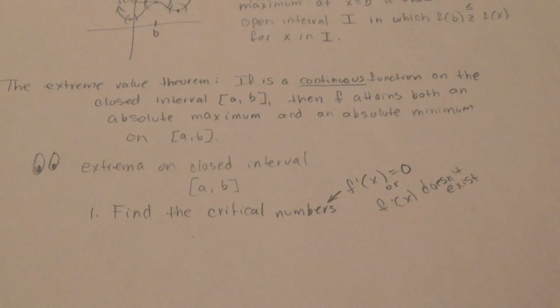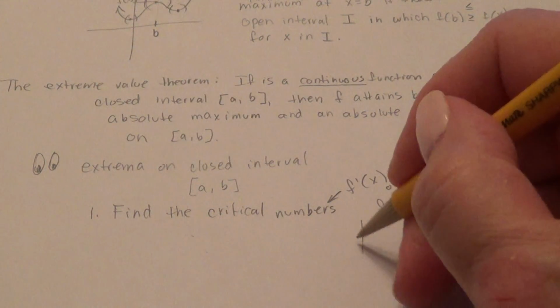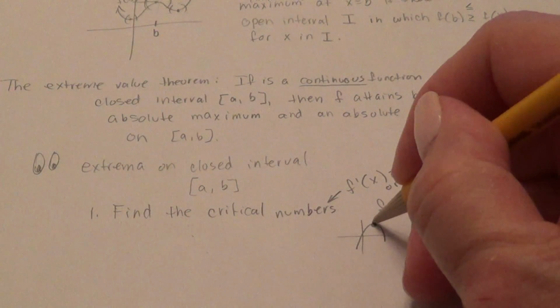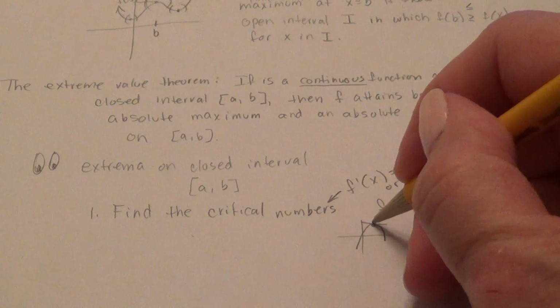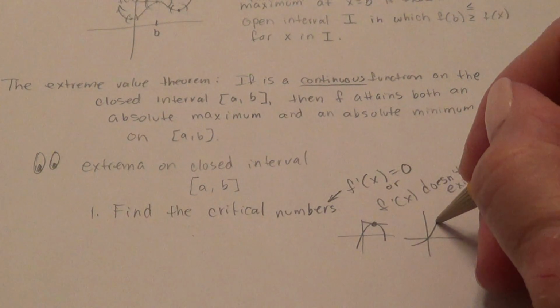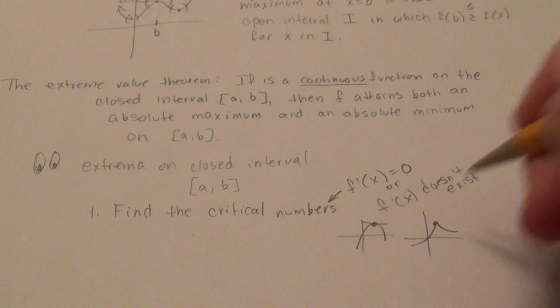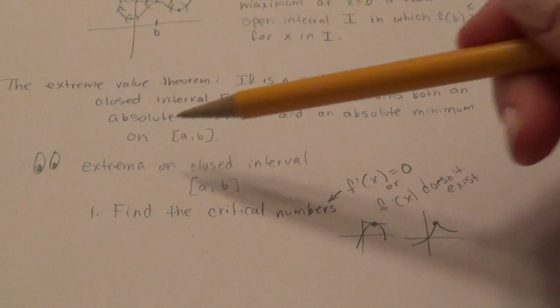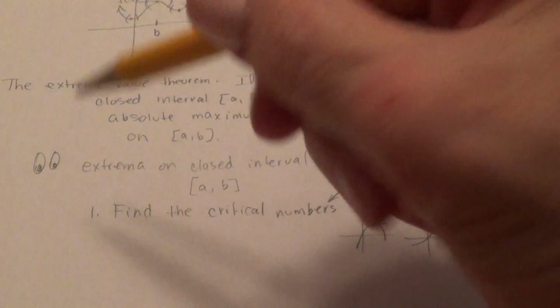That's the critical numbers. So, for example, if we had a function which had a zero derivative right there, that's a critical number. But what if we had a sharp turn, like right here? That's no derivative. So that's also a critical number. So we're going to look for our extrema at critical numbers.